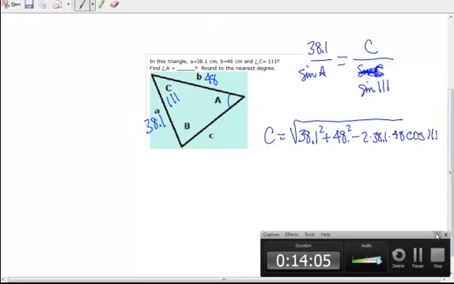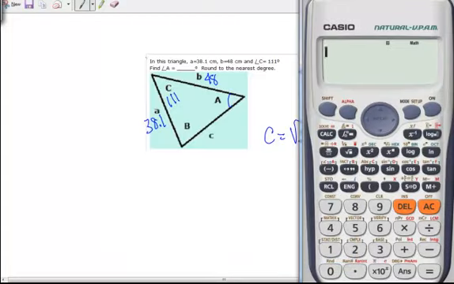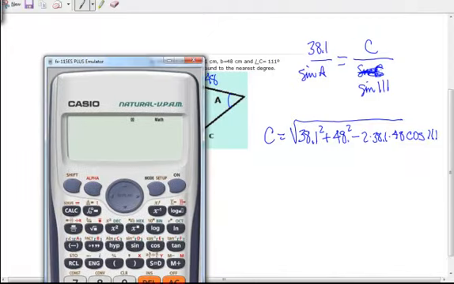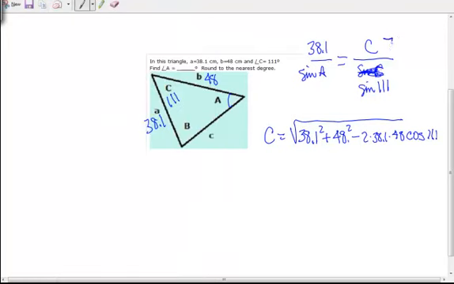So make sure you've got your calculator set in degree mode, which we do, and we would have square root key, 38.1 squared plus 48 squared minus 2 times 38.1 times 48 times cosine 111, and we get 71.17.